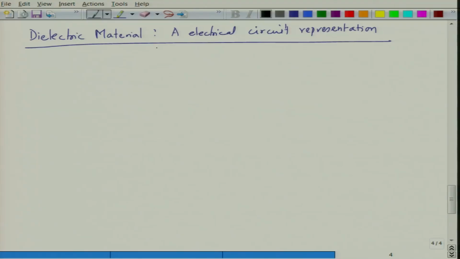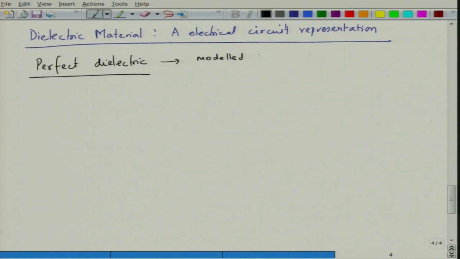Let us first take the example of a perfect dielectric. The perfect dielectric is basically modeled by an equivalent RC circuit.